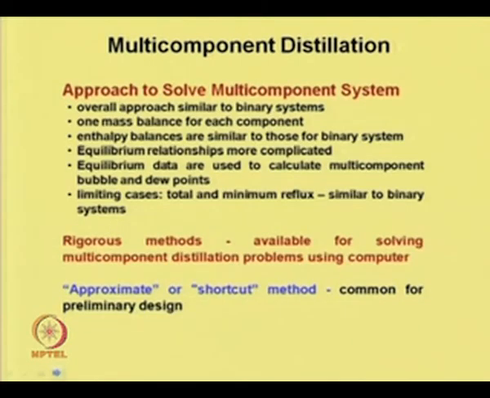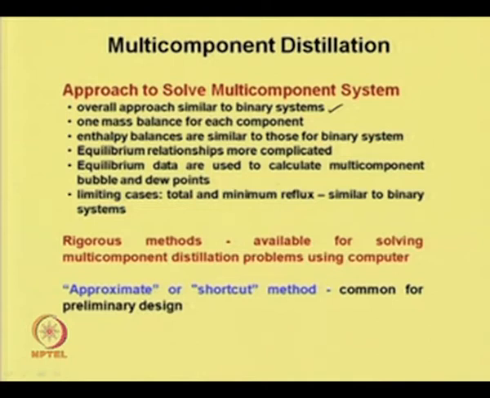The general approach to solve multi-component systems is similar to the binary systems that we adopted: one mass balance for each component, and enthalpy balances are similar to those for binary systems. Equilibrium relations in this case are a little bit complicated.